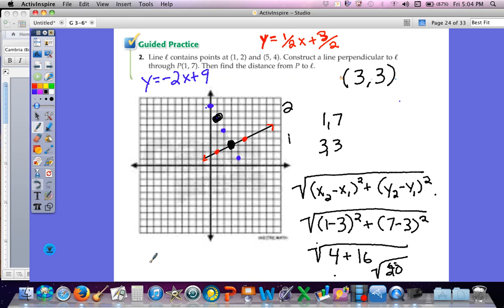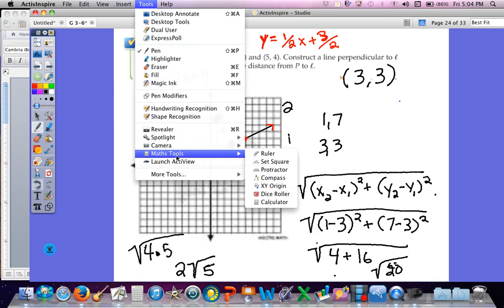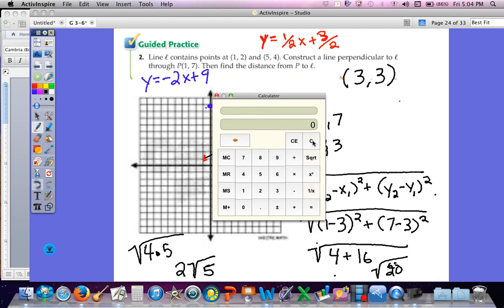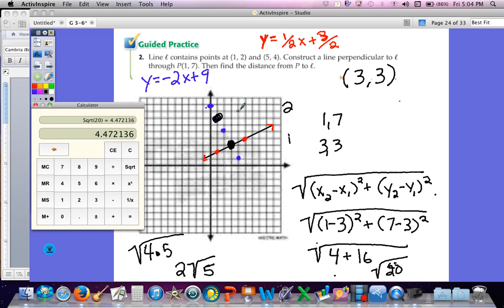If I want this in simplest radical form, that would be 4 times 5, so in simplest radical form, it's 2 radical 5. If I want it rounded to the nearest tenth or hundredth, I need my calculator. So the square root of 20, a little bit more than 4, the distance is about 4.47, and that's how you find the distance between a point and a line.